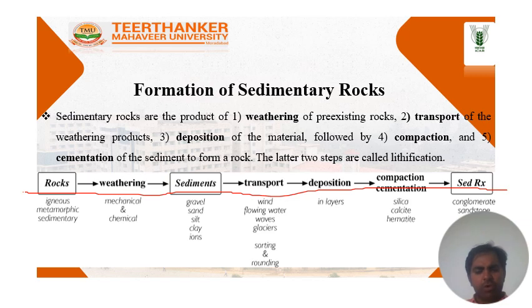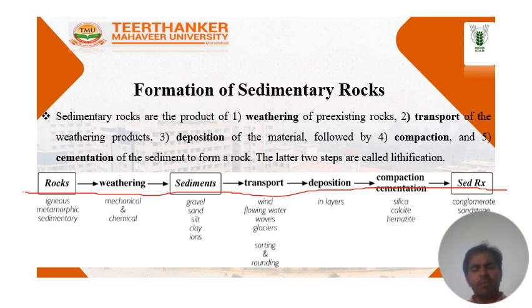Then the weathered material is transported from one place to another place with the help of different transporting agencies like water, air, temperature, glacier, or feet of the animals, man, or any type of physical and chemical reaction is also involved to transport the material from one place to another place.